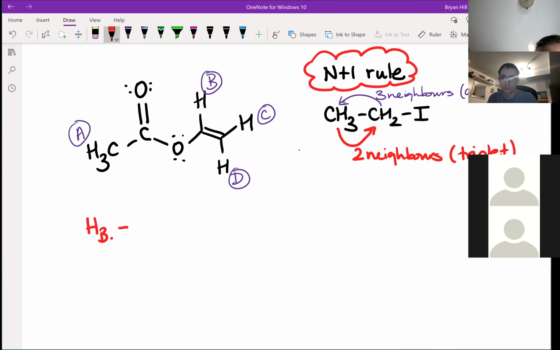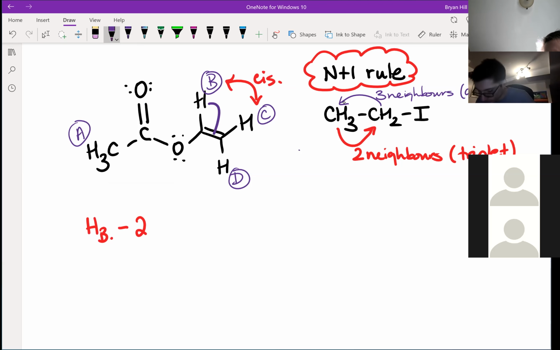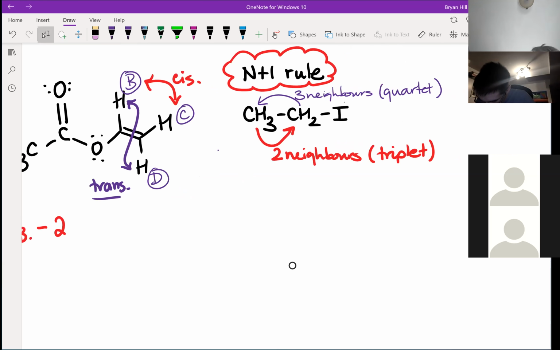Right, so it's got 2 neighbors. It's got one neighbor that it's cis with, and it's got one neighbor here, I'll draw it in purple, that it is trans with. Now, when we do the n+1 rule and we get a quartet and a triplet, let's look at this.